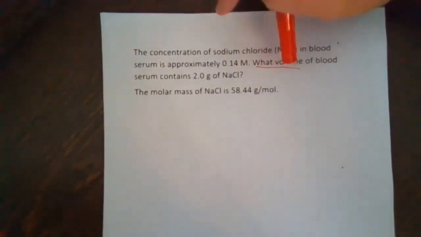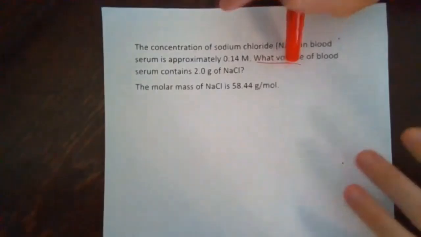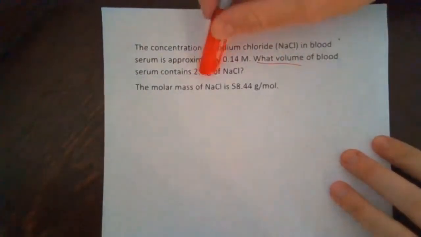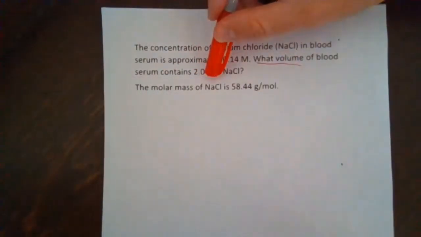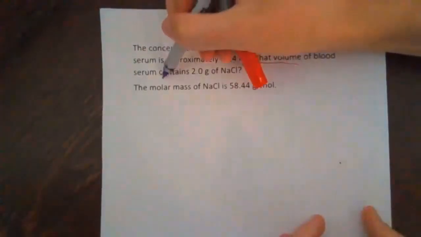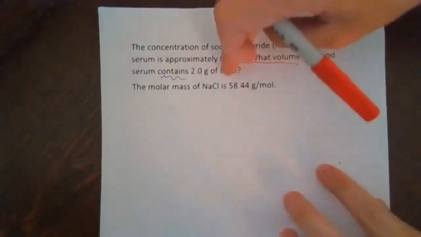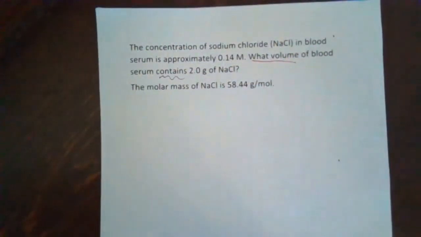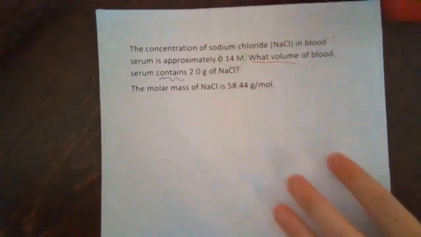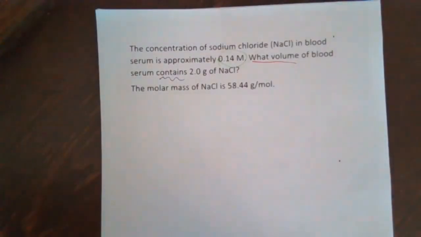So this volume would just be one amount, so milliliters or liters, gallons, whatever. And this 2 grams would also be an amount. If we think about it, we can look at this word contains. When we see that it contains the sodium chloride, that means it is dissolved in blood serum, which is the solution. Then when we see this 0.14 M, it looks like a single unit as well, but molarity is a compound unit.